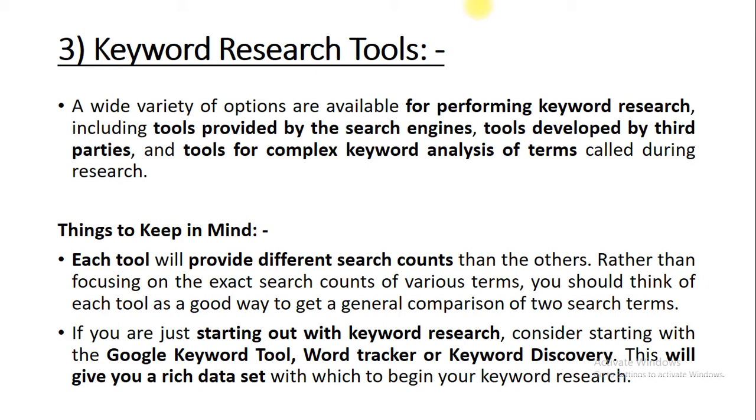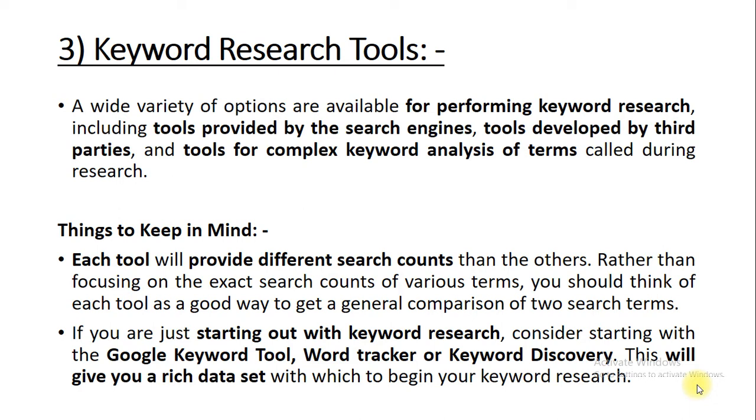So when you want to perform research for a particular keyword, there is a variety of tools available in the market, which can be provided by the search engine, or someone has already developed them for their own purpose, which is called a third party tool, or any tools that can be used for the complex keyword analysis of the terms. So you can use any one of them.